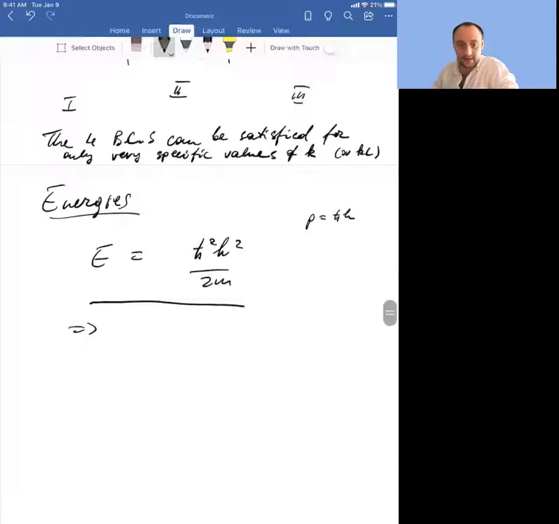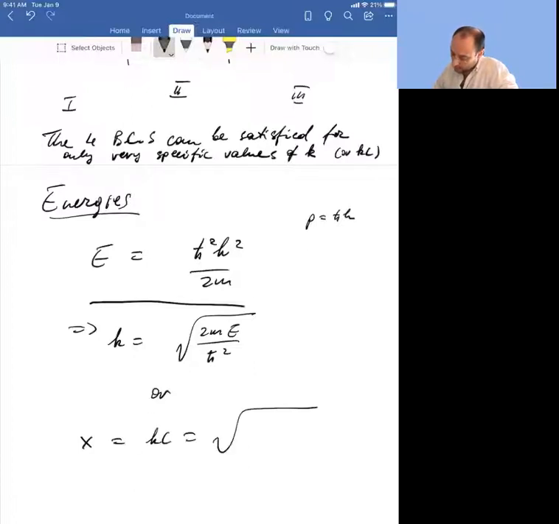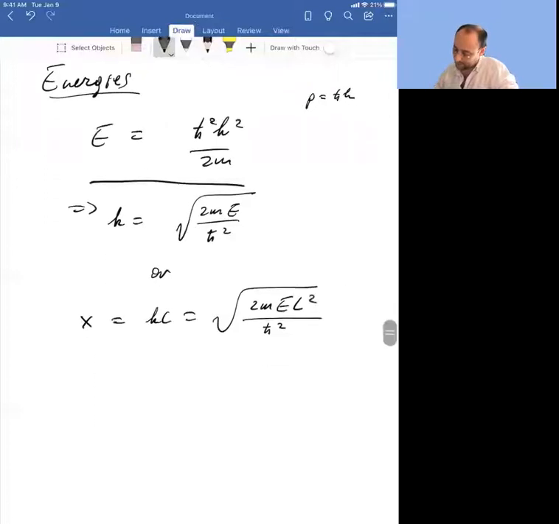So I can rewrite that as k equals the square root of 2mE over h bar squared, or we can multiply through by L, x equals kL equals the square root of 2mE times L squared over h bar squared. So that's the set of possible x's.